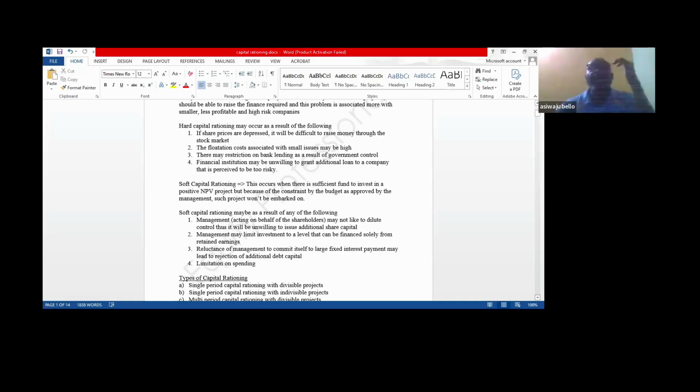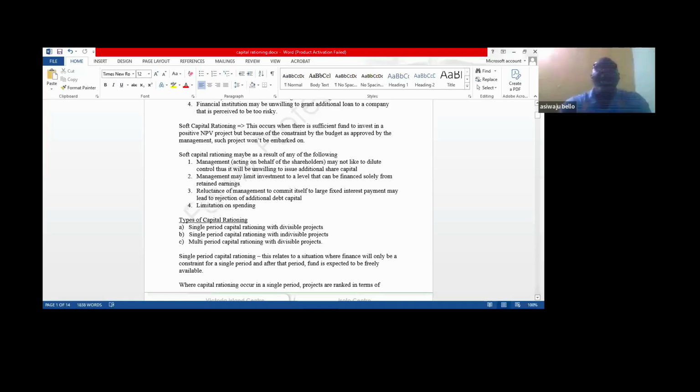This may be as a result of several reasons. One, management acting on behalf of the shareholders may not like to dilute control. Thus, the company will be unwilling to issue additional equity capital.